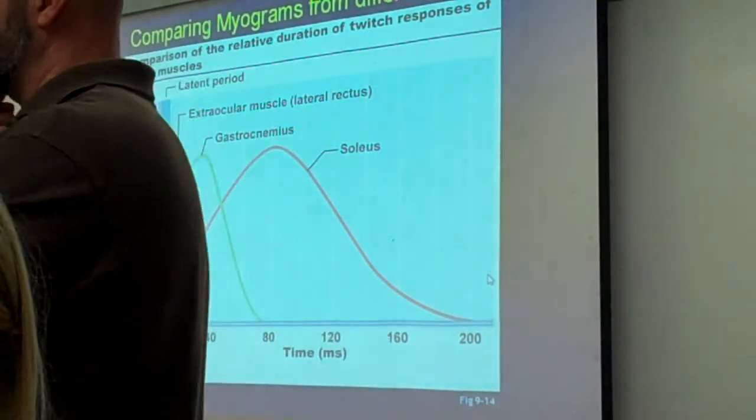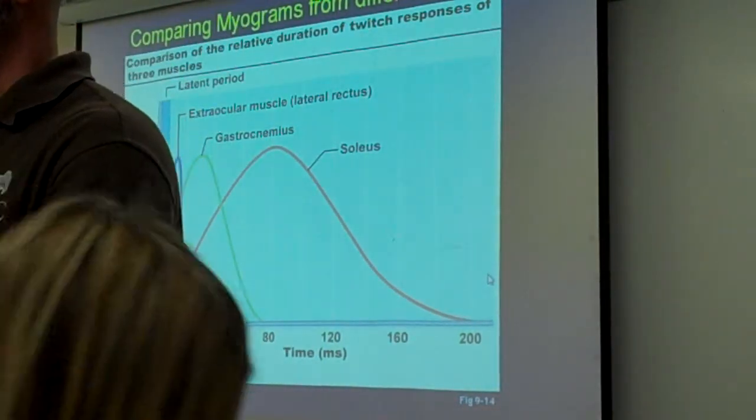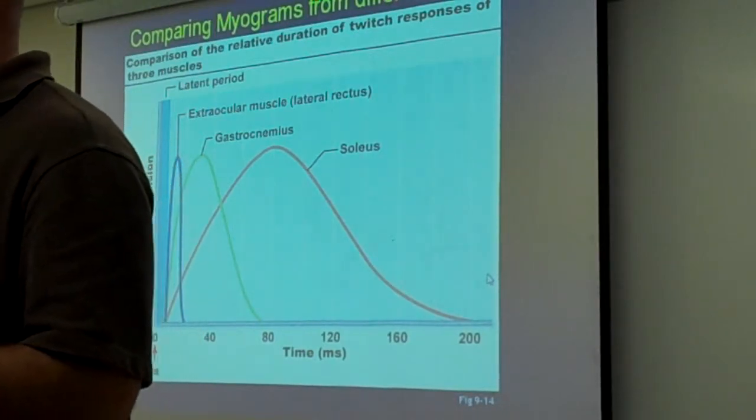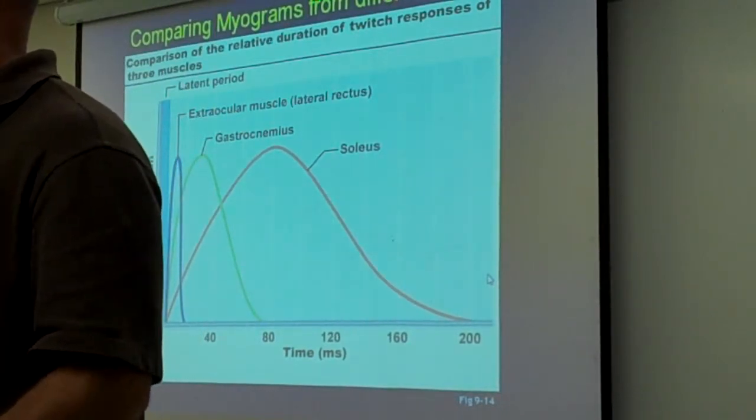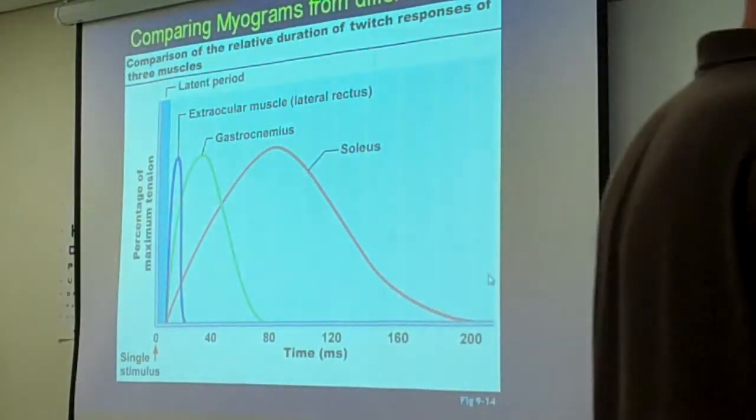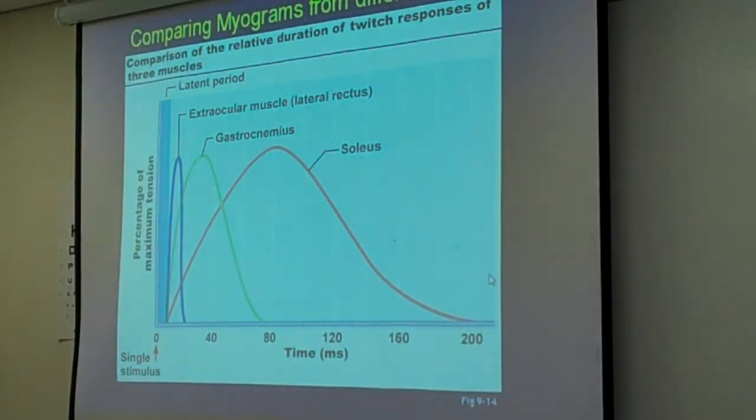So it's not as strong as a type 2B, fast twitch. It doesn't have quite the endurance of a type 1 slow twitch, but it's somewhere in the middle. So is the slow twitch aerobic then? Yes.